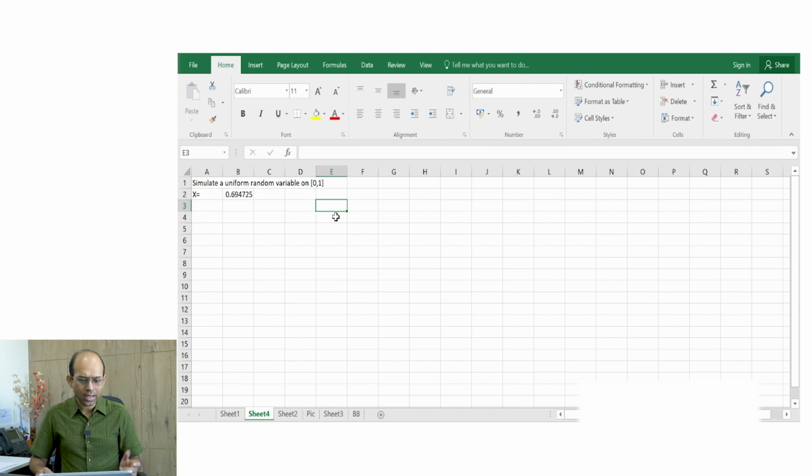Okay, so one can ask, how can I be sure that this is really coming from a uniform distribution? That is also not difficult. One can actually have, instead of one particular cell, say 100 cells with the same random variable, and then one can plot a histogram, or say an empirical CDF.